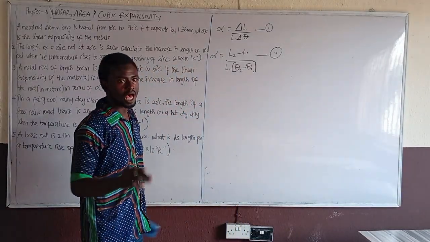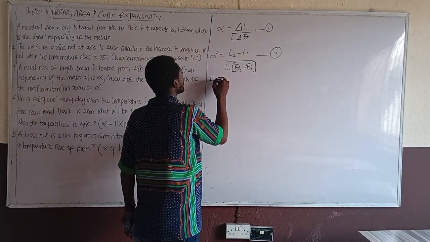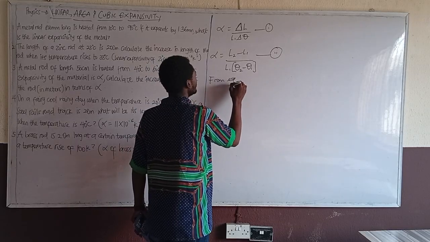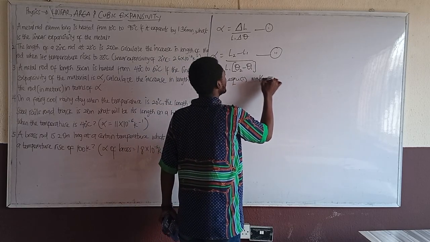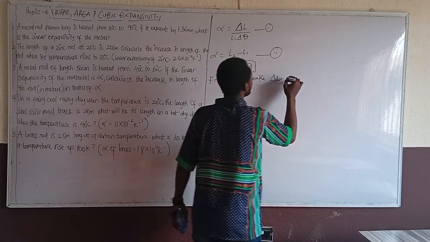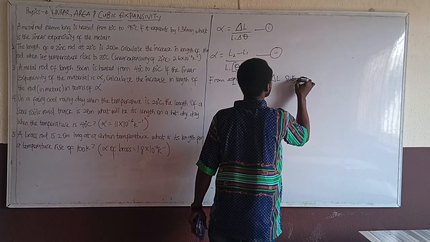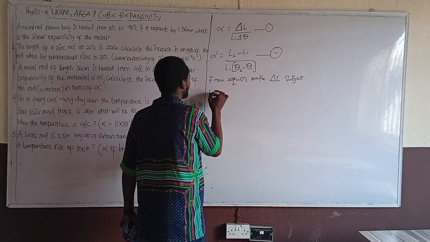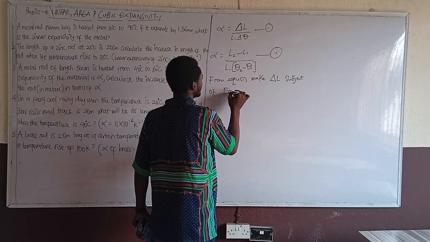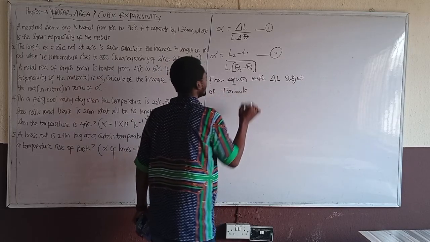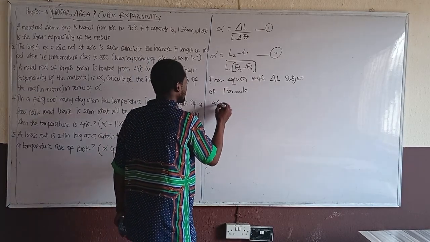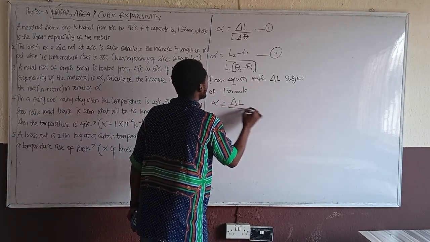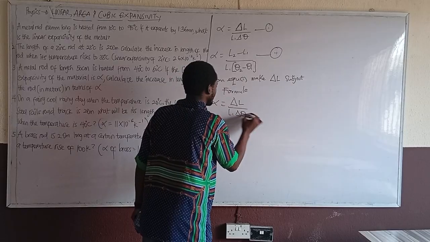We move further. From equation 1, make delta L, that is change in length, subject of formula. If I make delta L the subject, alpha is change in length over L1 delta theta.